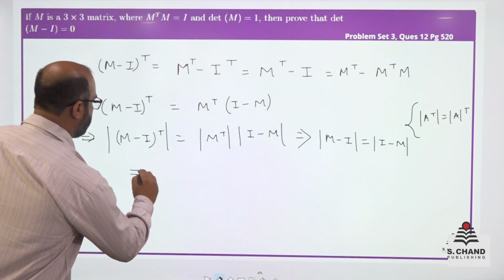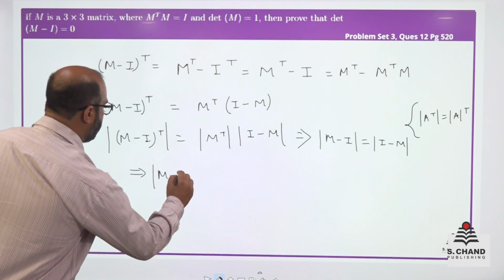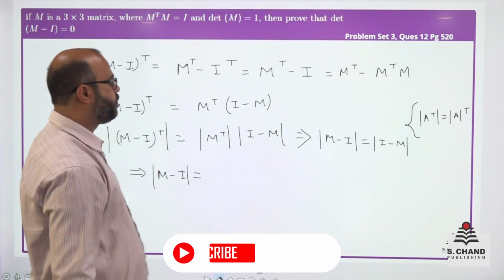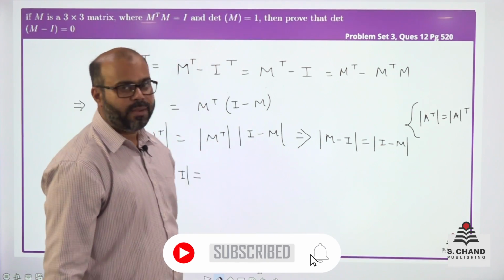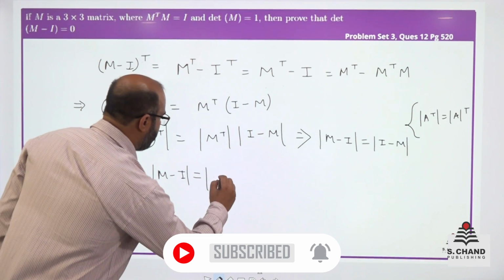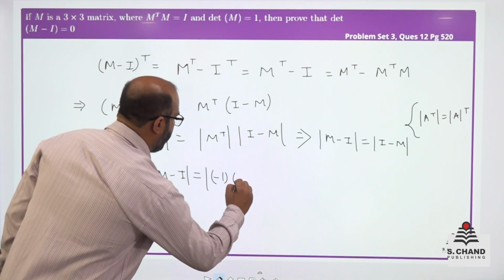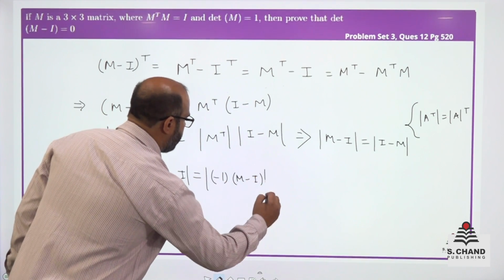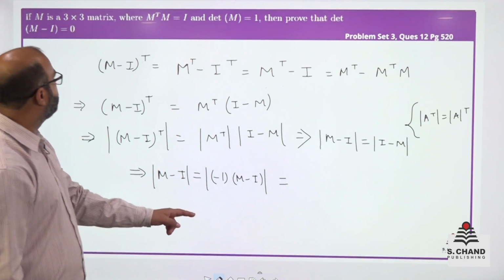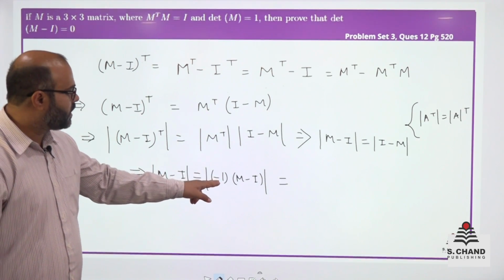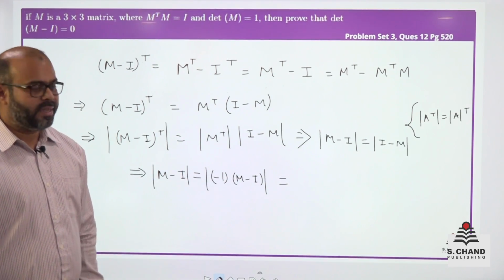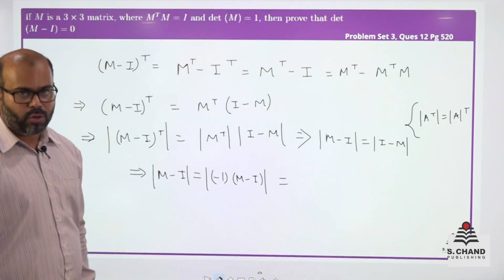This implies determinant of M minus I is equal to determinant of I minus M, where now you can take minus common, minus 1 into M minus I. Now minus 1 is a scalar multiplied to a matrix M minus I. This is a matrix of third order.